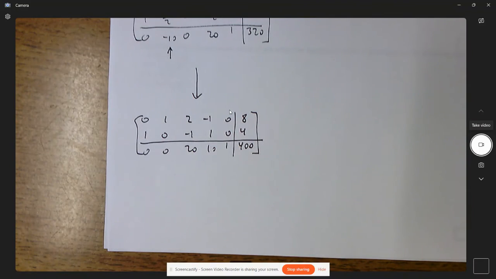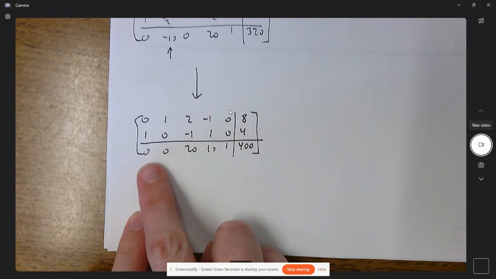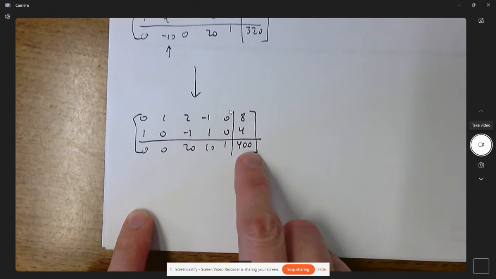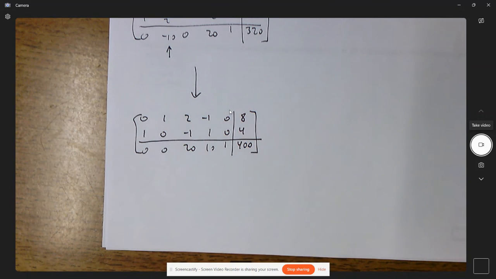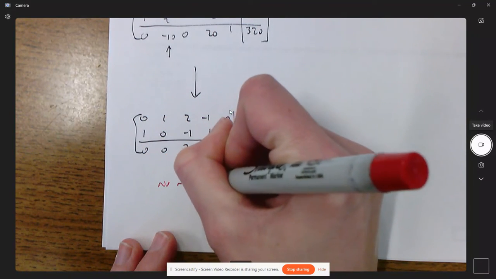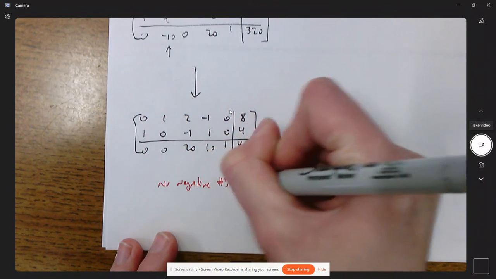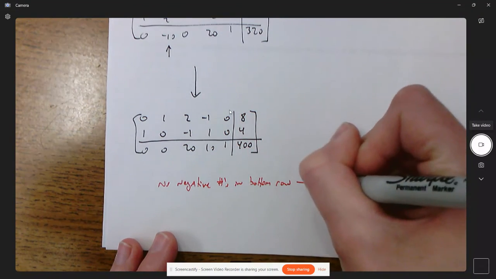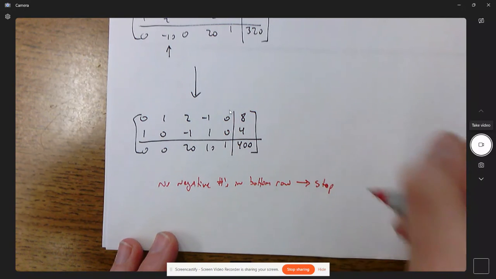So this right here is our solution. How do I know that I'm done? Because now when I go to look for my next column, there's no more negative numbers down here. So once you get to a point where there's no negative numbers, that's where you're going to stop. Okay, so no negative numbers in the bottom row, which means that we're going to stop.